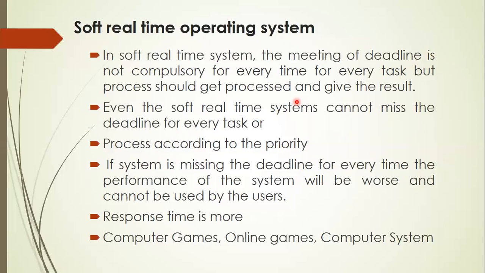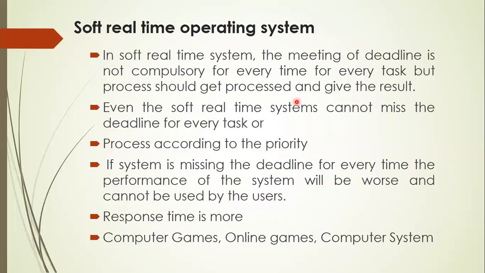But in a soft real-time operating system, even though a deadline is there, it is not very rigid. A slight delay is acceptable. So in a soft real-time system, meeting the deadline is not compulsory for every task.